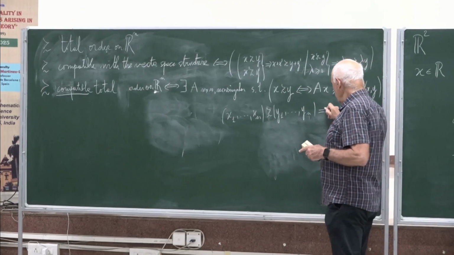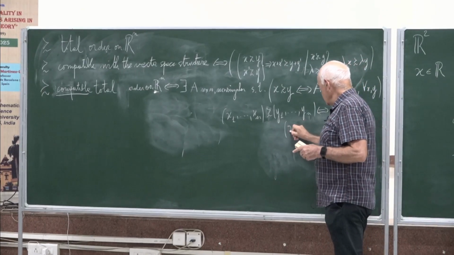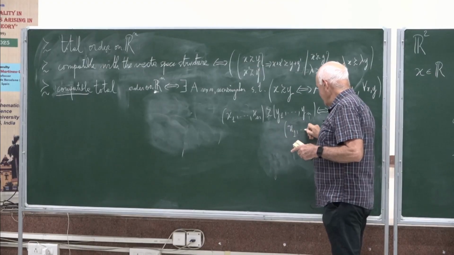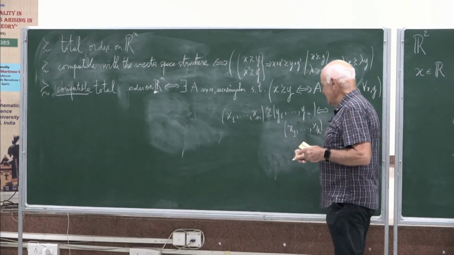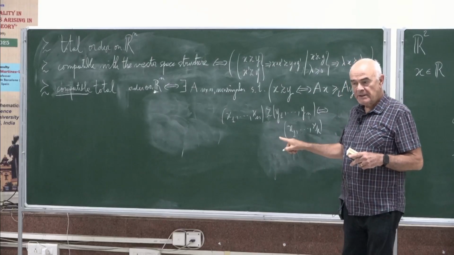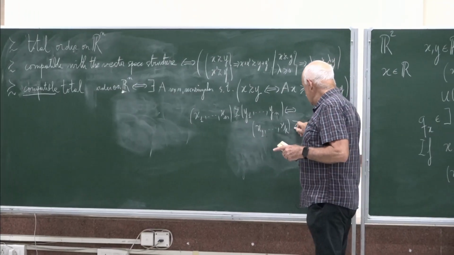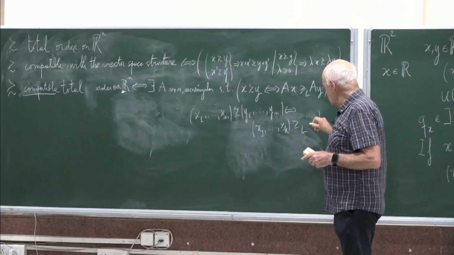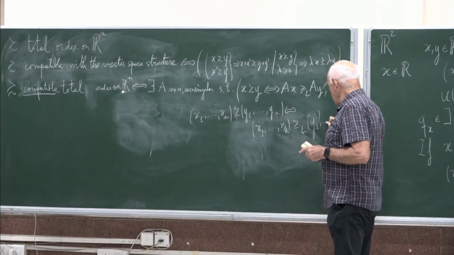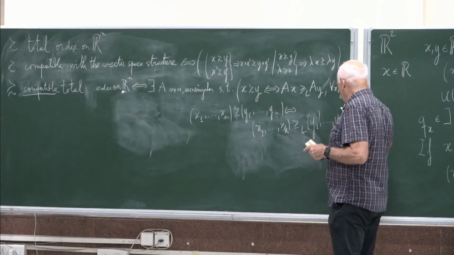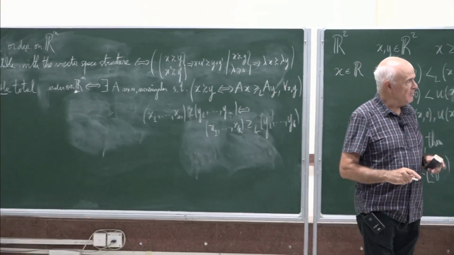if and only if (x1, ..., xk), I only take the first k components, is lexicographically greater than or equal to (y1, ..., yk). And I don't care about the remaining components.